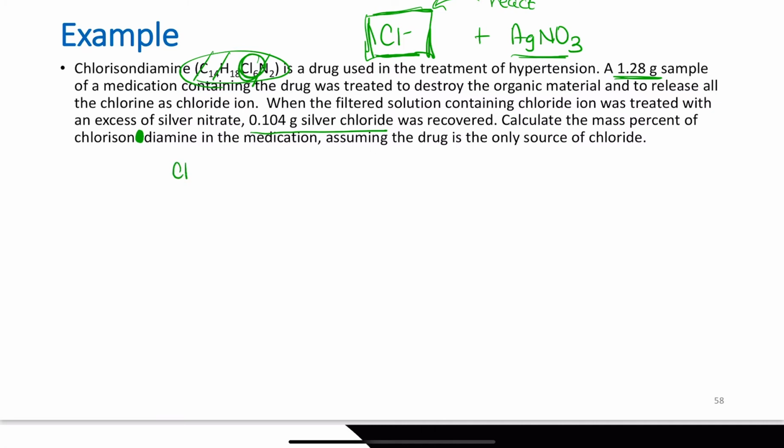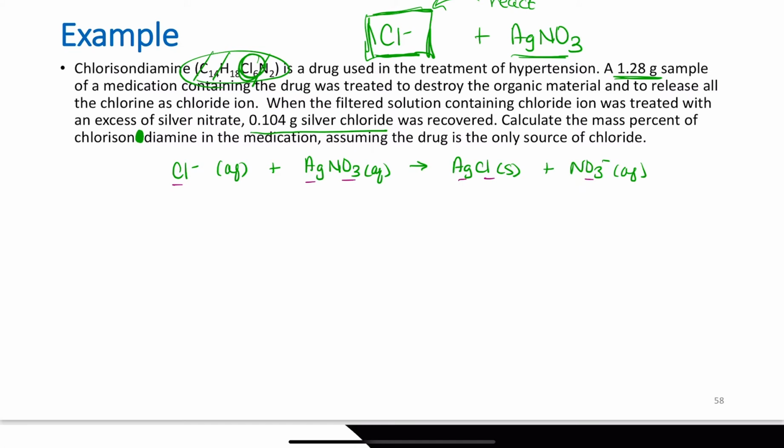So I've got Cl minus, chloride ion, is going to react with silver nitrate to produce silver chloride, and then nitrate ion will be left over. This reaction's already balanced. I have one chlorine, one silver, one nitrate, so I don't have to balance anything.